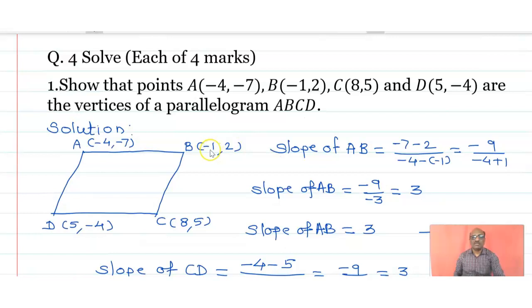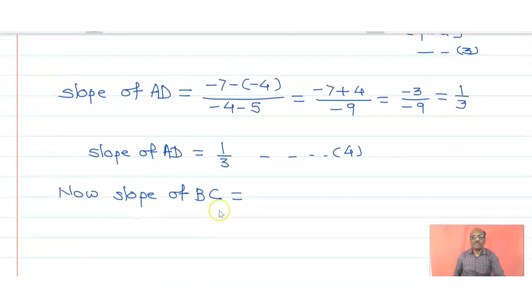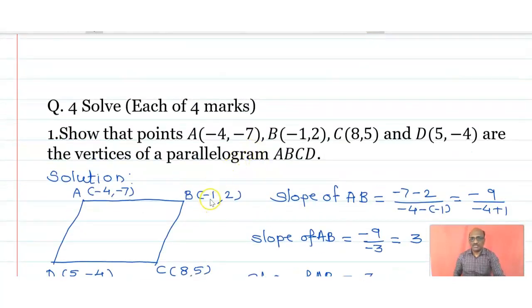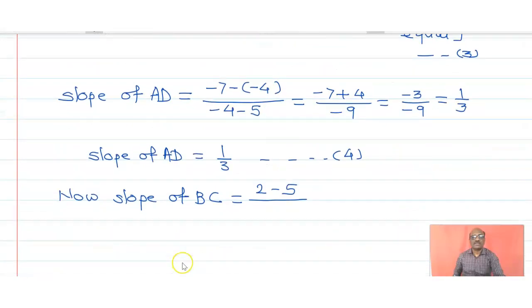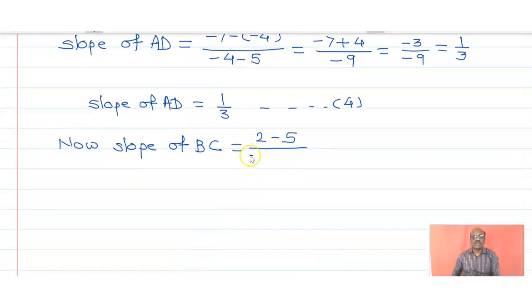What is BC? B is (-1, 2) and C is (8, 5). 2 minus 5, and then minus 1 minus 8, and here you will get minus 3 upon minus 9, and that is equal to 1 upon 3.